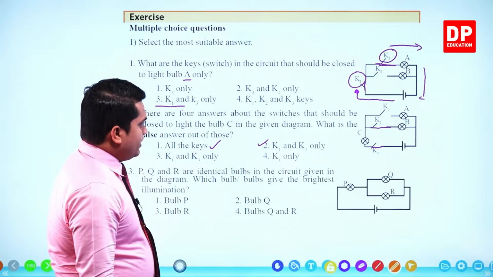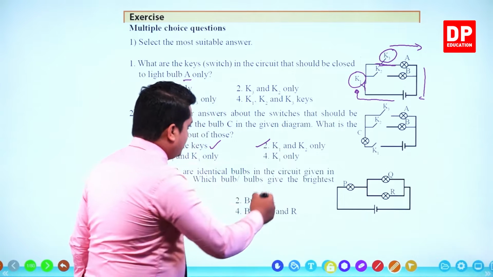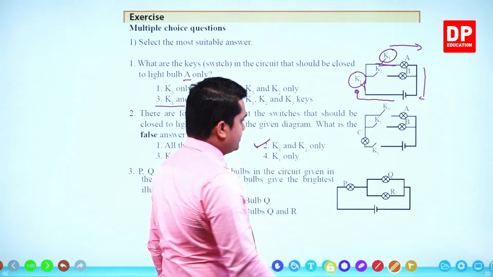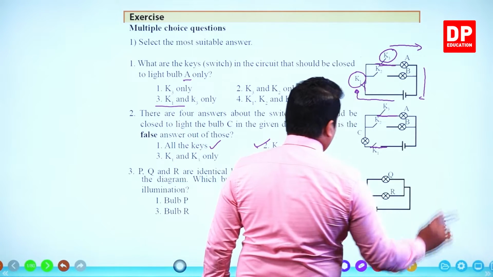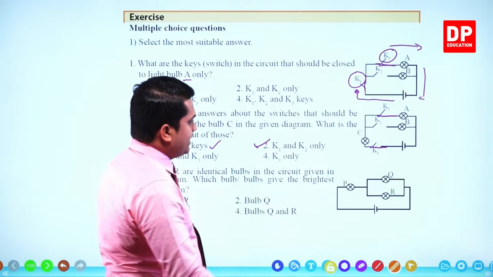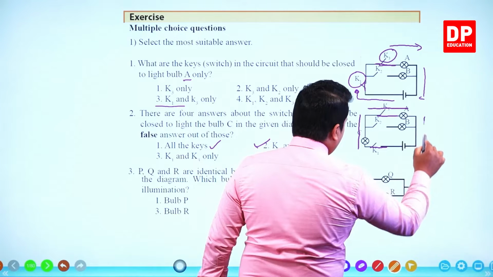K1 and K3 only. So I'm going to remove those two lines over there. The next one is asking K1 and K3. So we'll close K1 and we'll close K3. Once again, you can see that current is passing through C without any trouble.